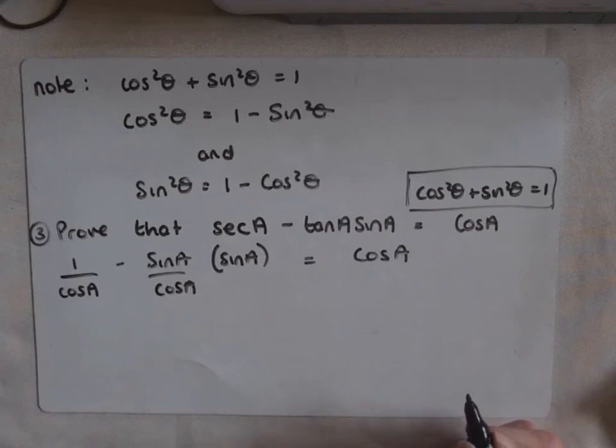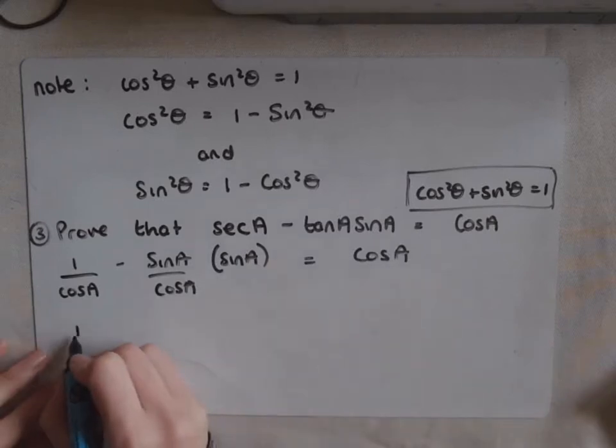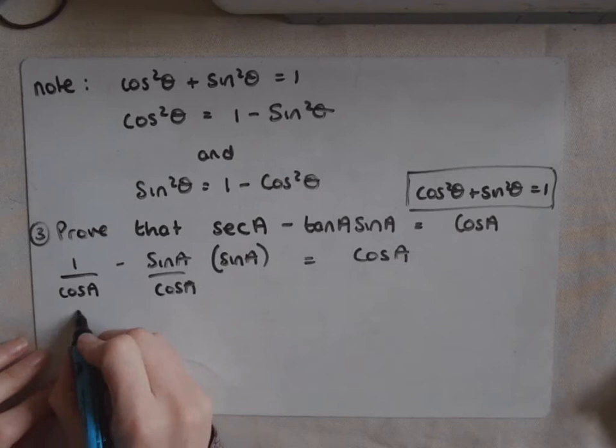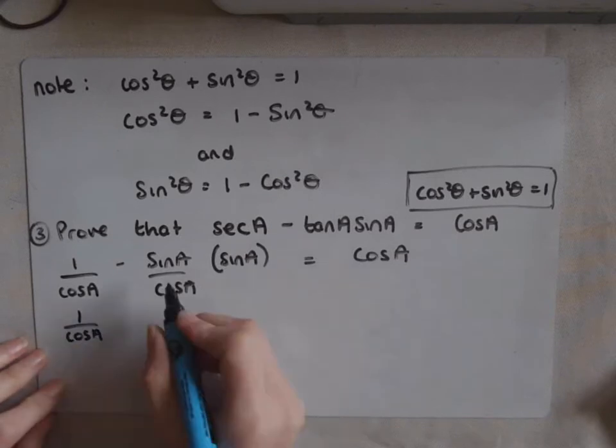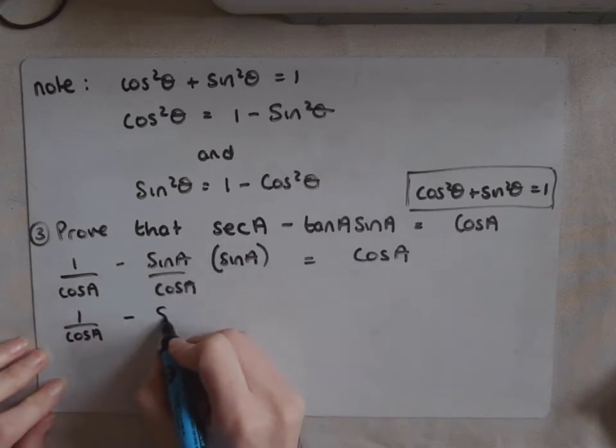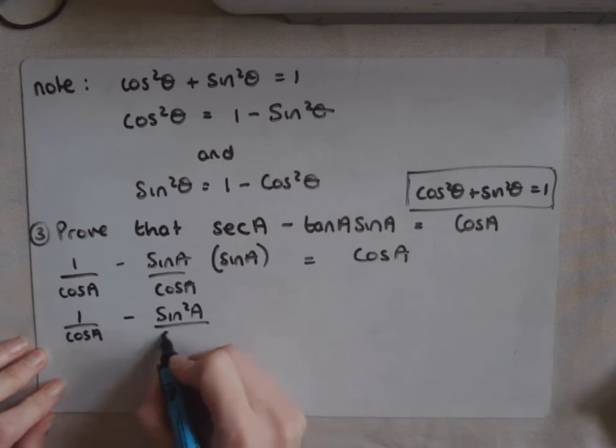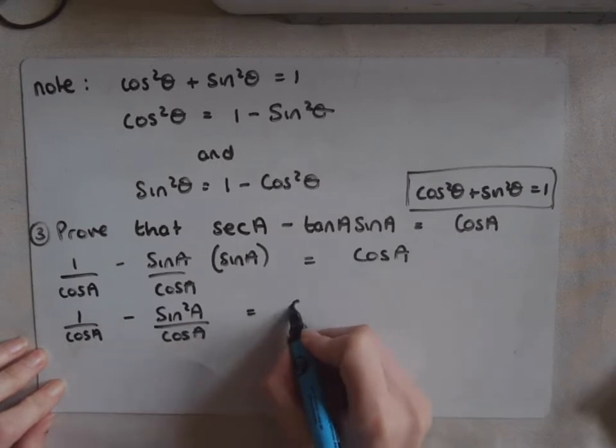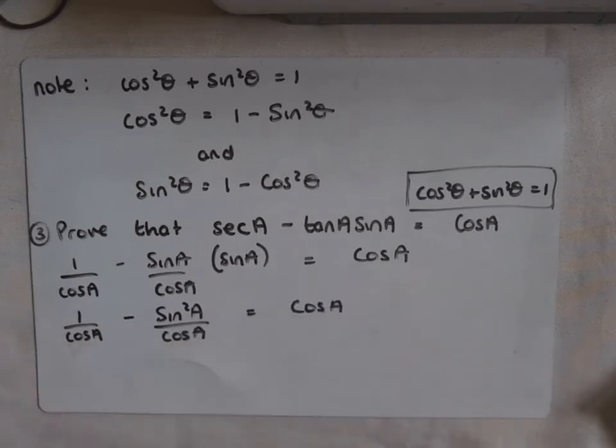Now, if you want to tidy up again, you have 1 over cos of A minus sine A times sine A, which is sine squared A over cos of A, equals cos of A. Now, over here, I can get a common denominator.